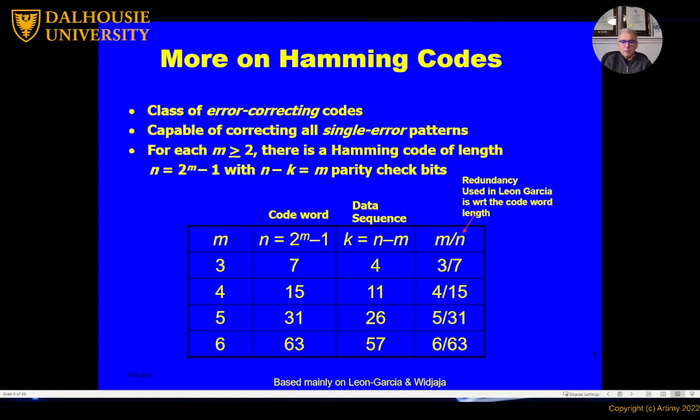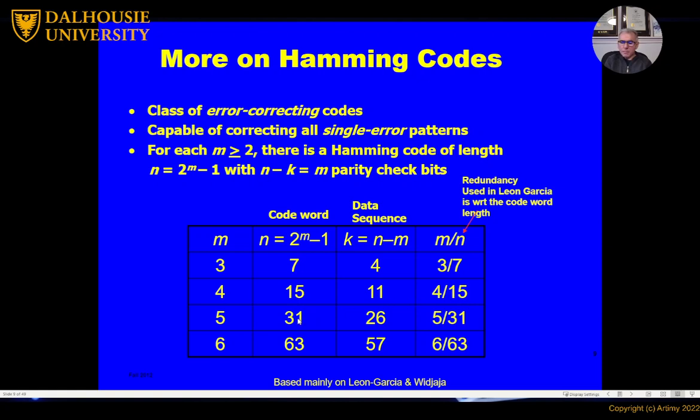If the total number of bits is 15, 11 of them are data and 4 are redundancy, then the percentage of extra bits is 4 out of 15 instead of 3 out of 7. So instead of almost half, it is less than a third, right?